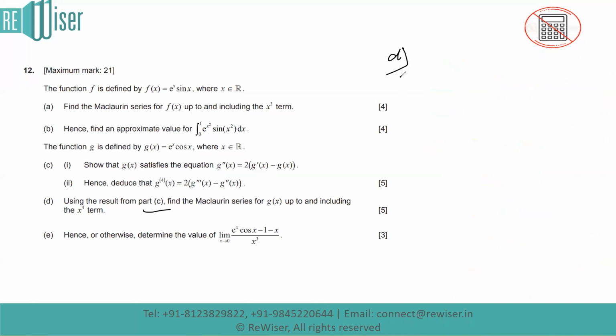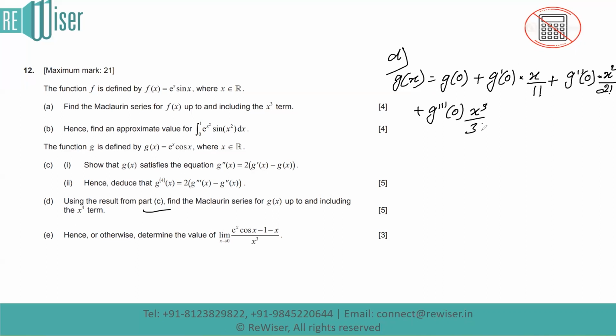Whenever we talk about the Maclaurin series for any function, it goes something like this: g of 0 plus g dash of 0 into x by 1 factorial plus, and we need to find it up till the 4th term, g double dash of 0 into x squared by 2 factorial plus g triple dash of 0 into x cubed by 3 factorial plus the fourth derivative of g at 0 into x to the power of 4 by 4 factorial, and so on. We just need to find only up till the 4th term.